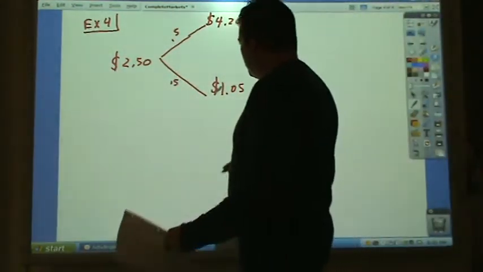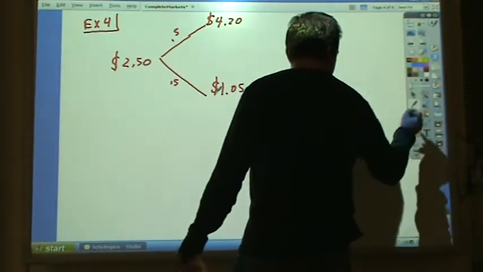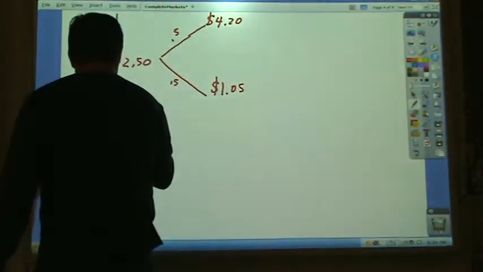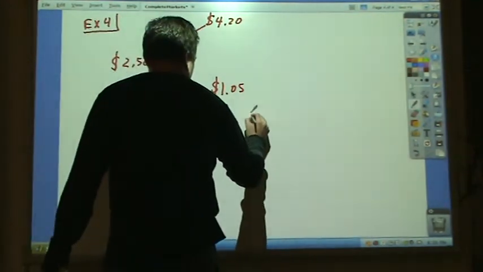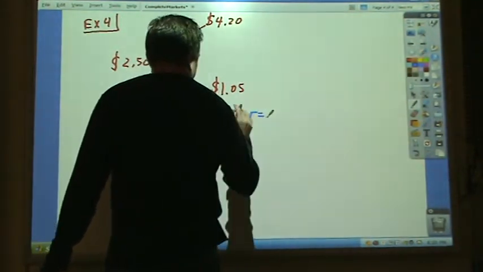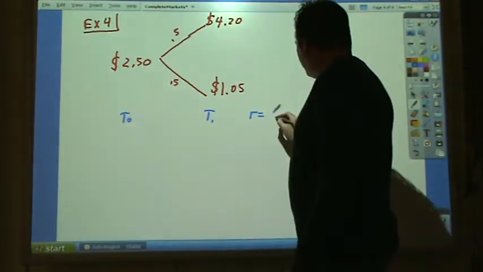And during this period of time, from time 0 to time 1, and let's say this was 1 year, R is equal to 5%.